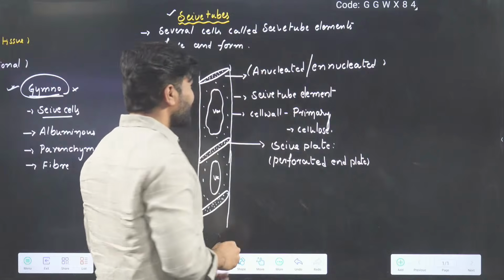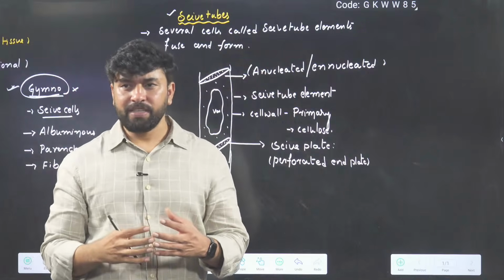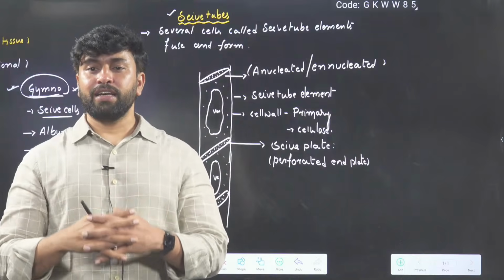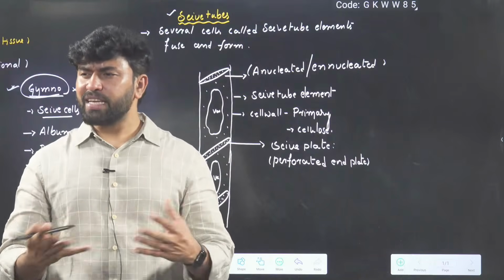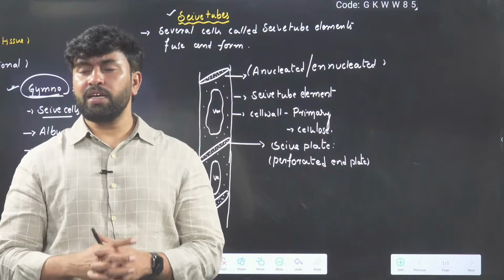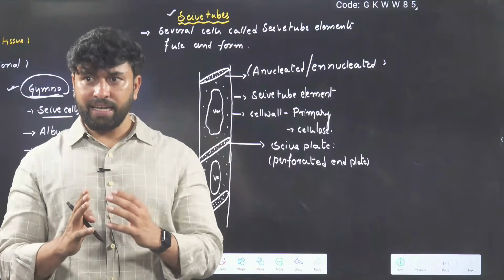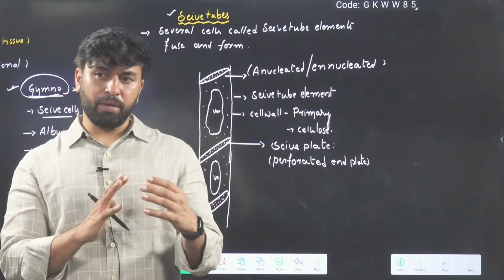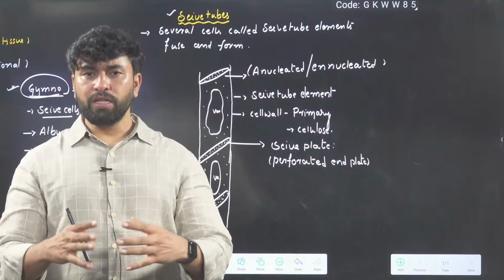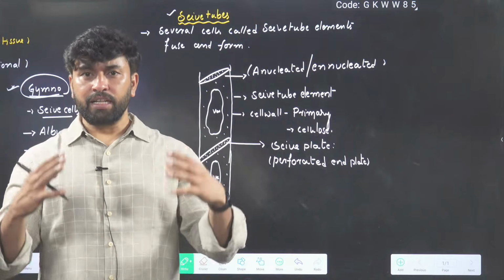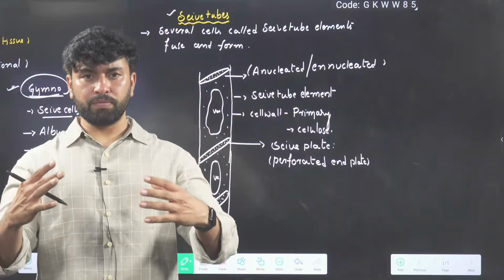Imagine a cell has no nucleus; I simply call it anucleated. It has no nucleus, that's why I say anucleated. Then a cell that had a nucleus in the beginning, during the maturation process, gradually the nucleus has been removed.